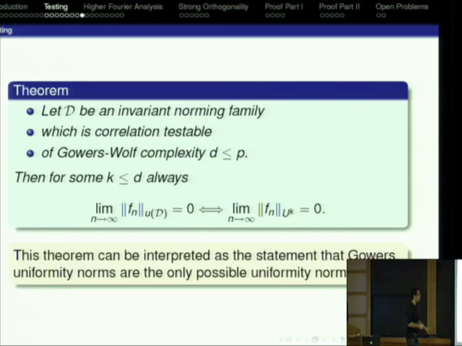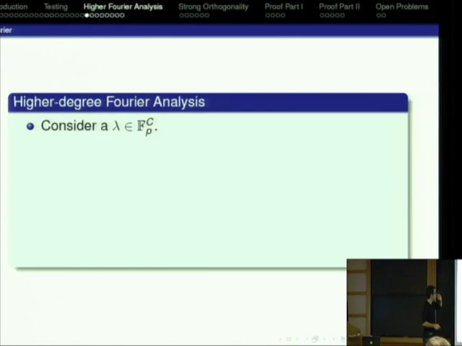So, okay, I'm going to give a sketch of the proof, but first I will need to develop some tools. One of the main tools is higher degree Fourier analysis, and I'll say what this exactly means. Consider a constant C and a lambda in F_p^C. If you look at the corresponding character of lambda, it is defined as the exponent of the sum of lambda_i x_i, where the x_i are coordinates of x.